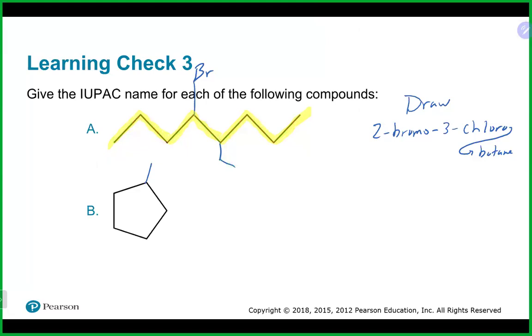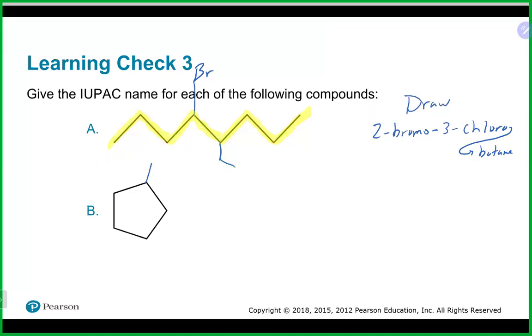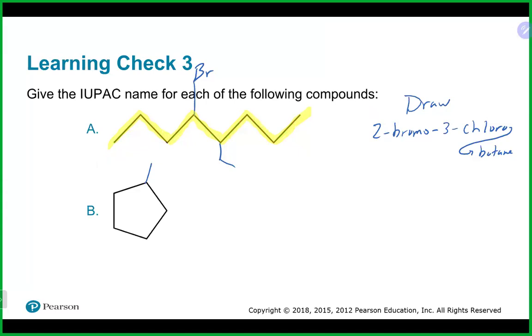There we go. All right, so with 8 carbons as the base of our name, all single bonded, obviously, that base of the name should be octane, right? ANE for single bonds, and oct for 8. We do have some groups there. We have a bromine group, which is a bromo group, right?